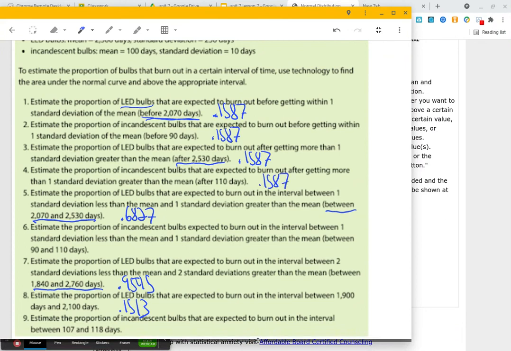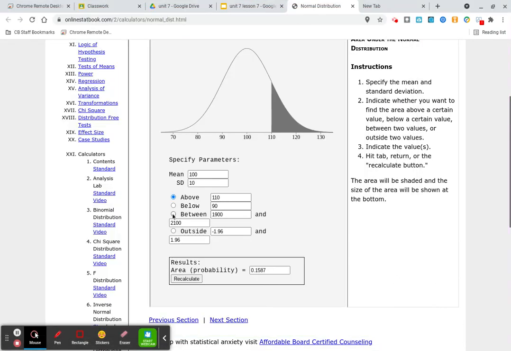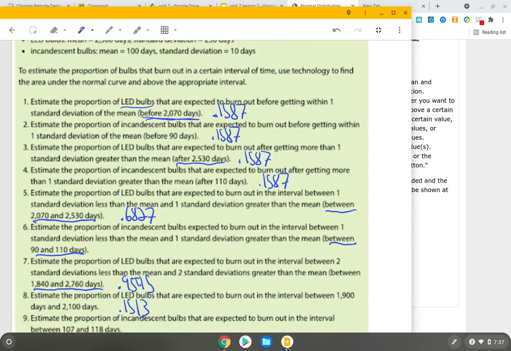Okay. Let's go to number 6. Estimate the proportion of incandescent bulbs expected to burn out between 90 and 110 days. So again, that will be between 90 and 110 days. Okay. 0.6827.